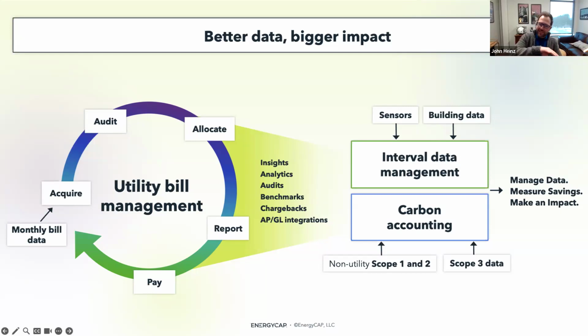And that's how you make a bigger impact. By getting data in an automated way and ensuring it's accurate, and then doing all the distributions and allocation, GL codes, those kinds of things, you now have what you need to report accurately and to provide analytics to make a bigger impact. Oh, and by the way, because you get bills, there's also streamlined processes to pay.